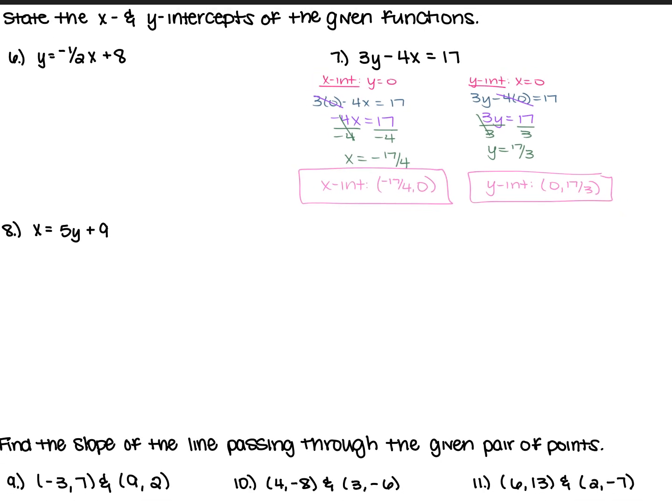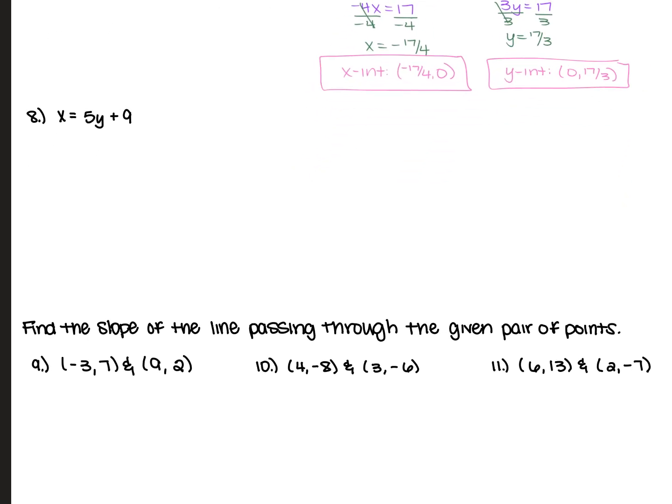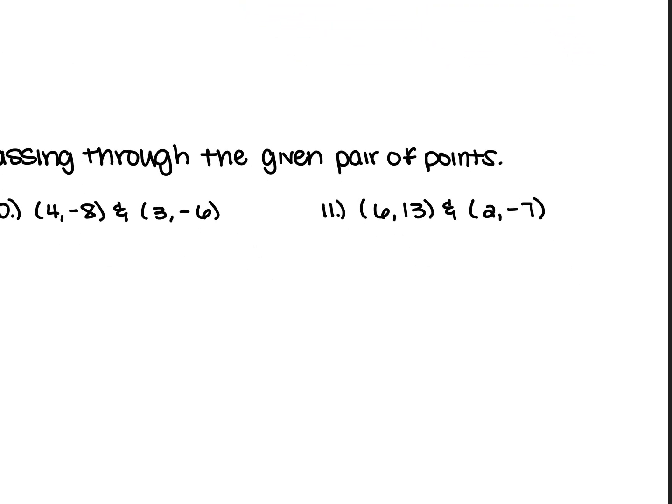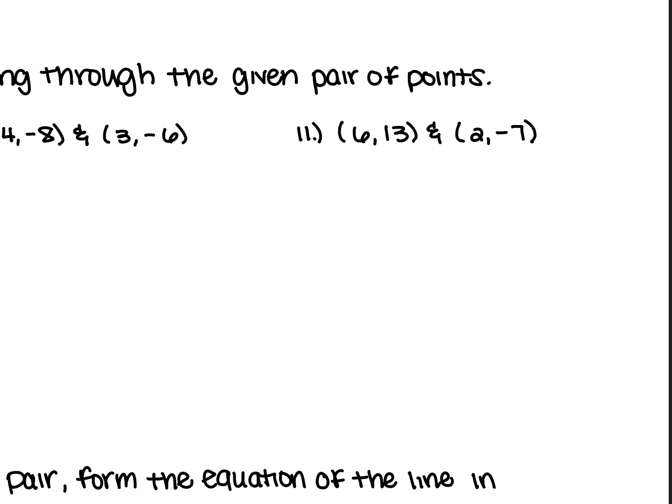For your next set of questions, it tells you to find the slope of the line passing through the given pair of points. If we look at number 11, we have 6, 13, and 2, negative 7. Our slope formula is m is equal to y2 minus y1 over x2 minus x1.